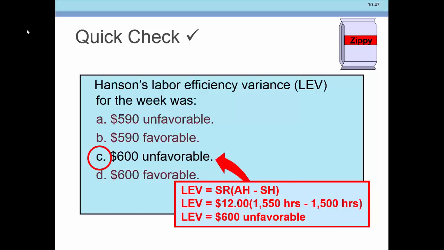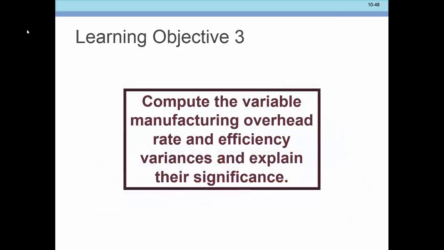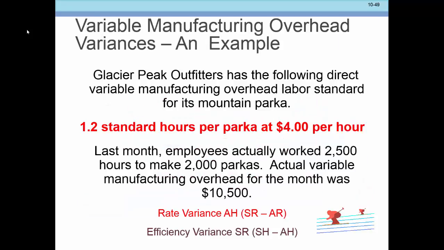Okay, good. Let's go ahead and let's do our overhead. Now, very important. We know that our materials are variable. We know that our labor is variable, right? But when we got to overhead, there were some overhead like depreciation that were fixed, and some that were variable like our indirect labor, right?